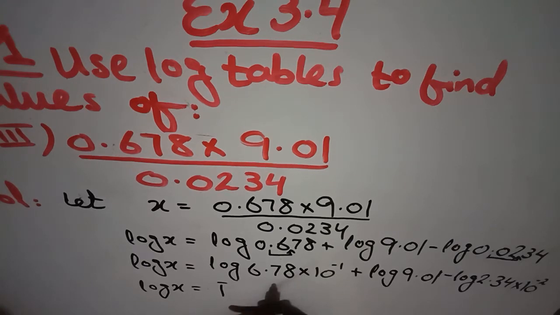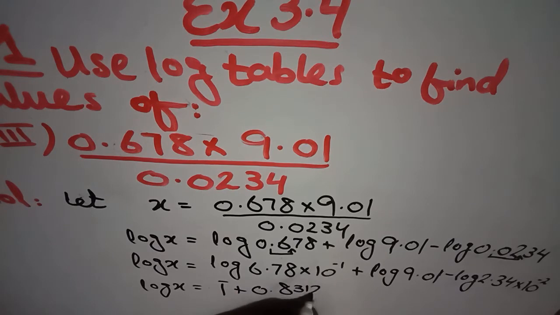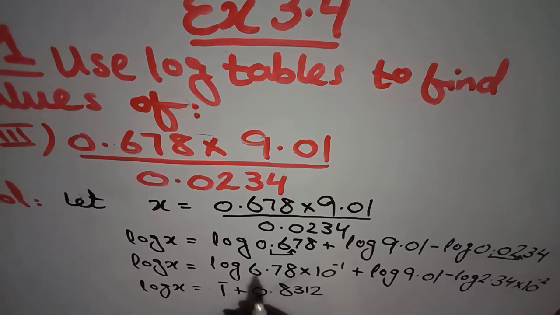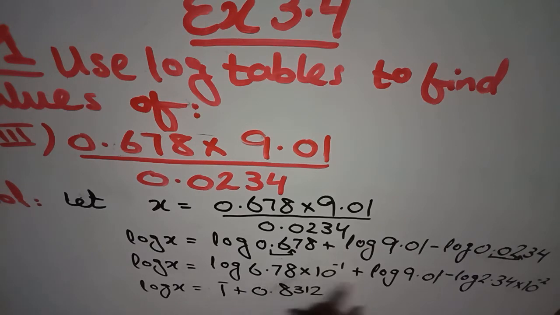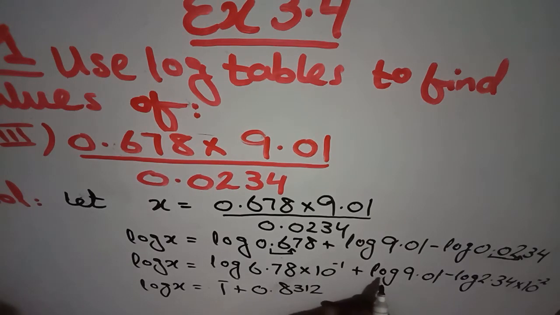What will you get? Characteristic plus mantissa, 0.8312. That comes from the 67th row and 8th column. So we find the log from the log table.